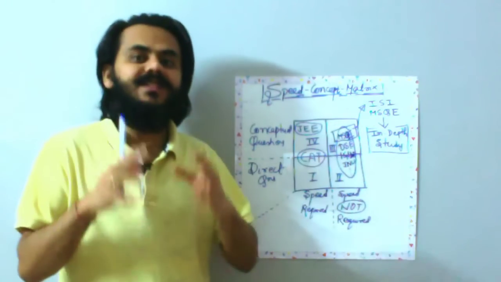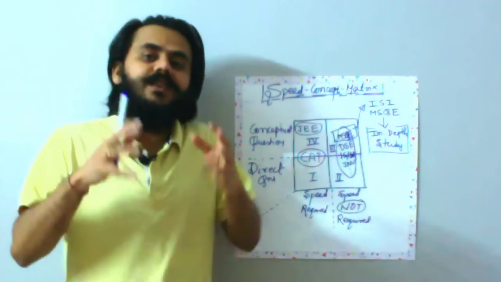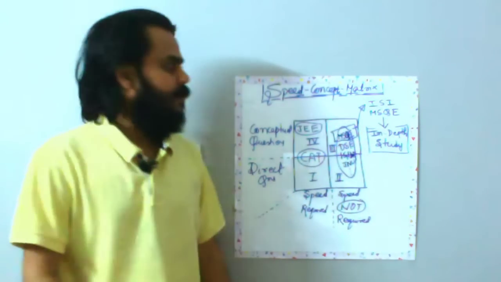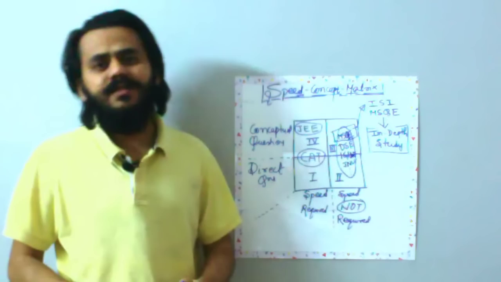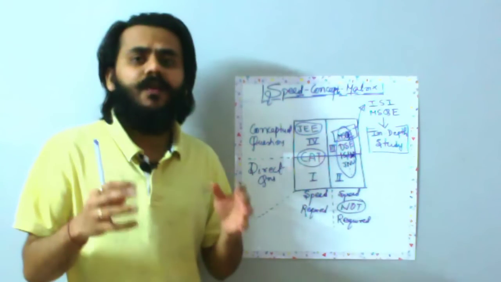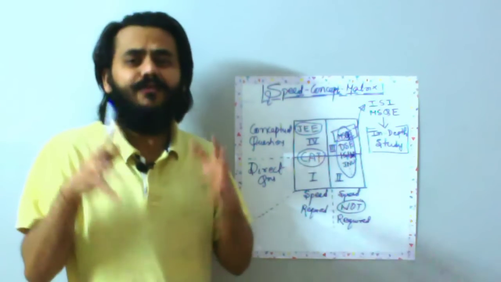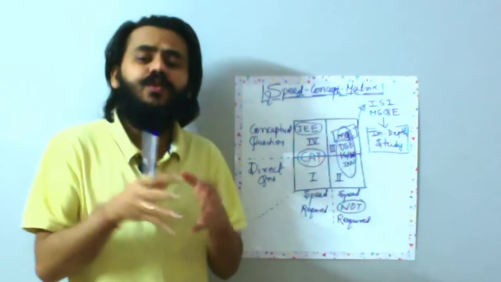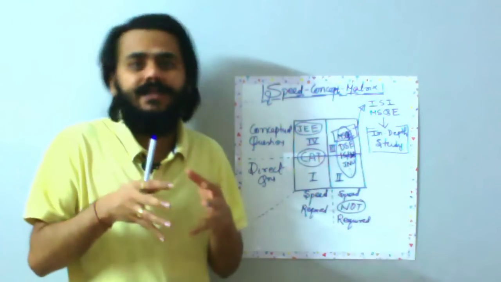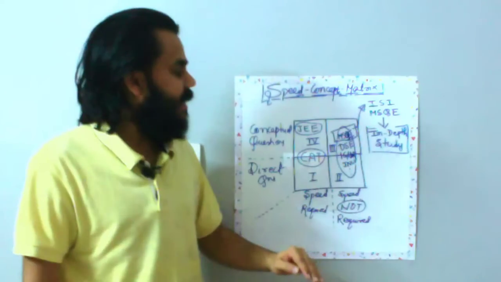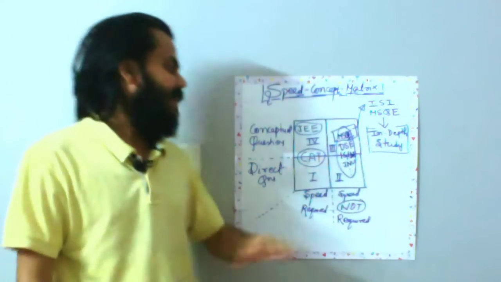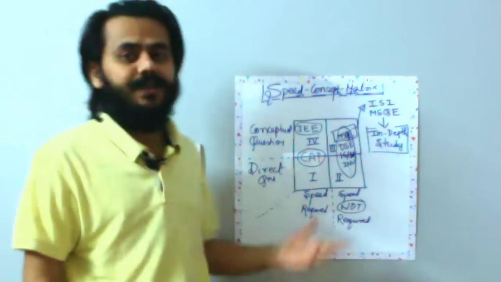You have to manage the speed as well as gain good conceptual understanding. But ISI MSQE does not require you to be that fast. It requires you to have a good conceptual grasp. So with that idea, we need to proceed further and see what other exams we have on this matrix.